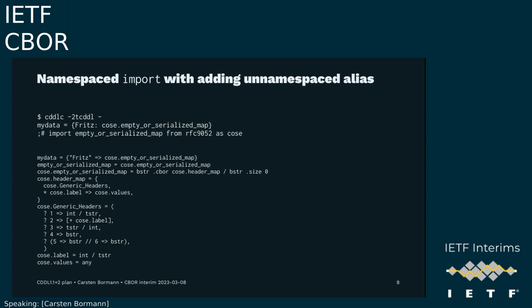Empty-or-serialized-map is an alias for COSE.empty-or-serialized-map, and that is also automatically generated. So you can just say, I want to use RFC 9052 as a library with a prefix COSE, but the things that I specifically import should be in my namespace and not just in the COSE namespace. So in this case, they are in both namespaces.